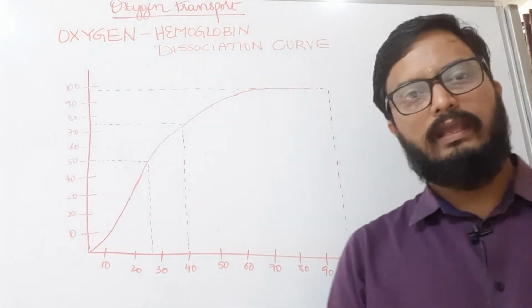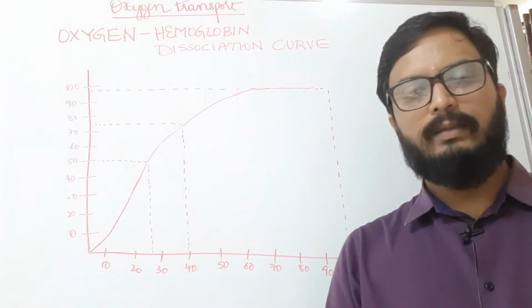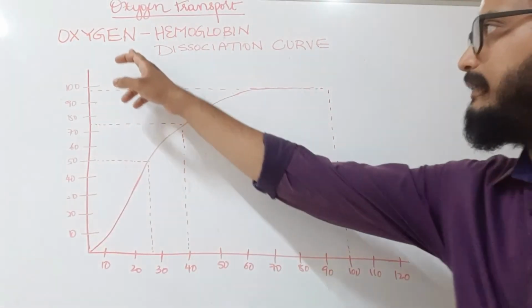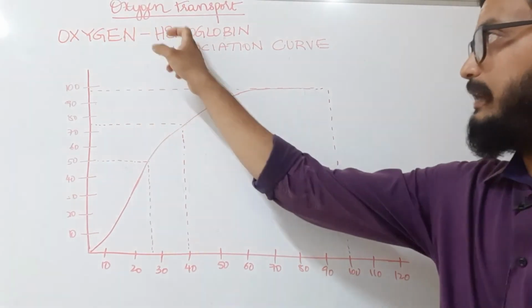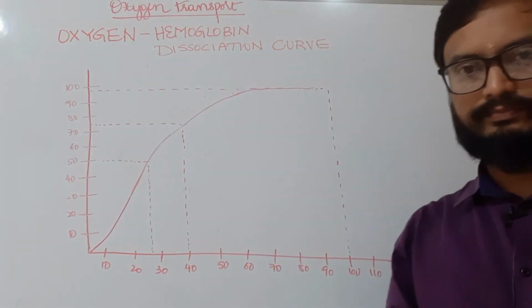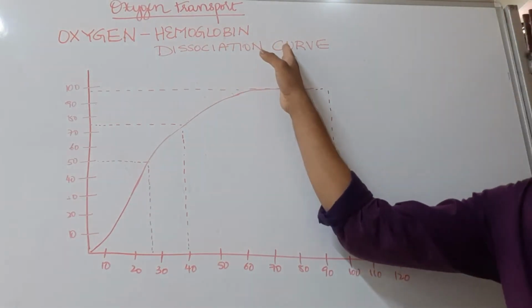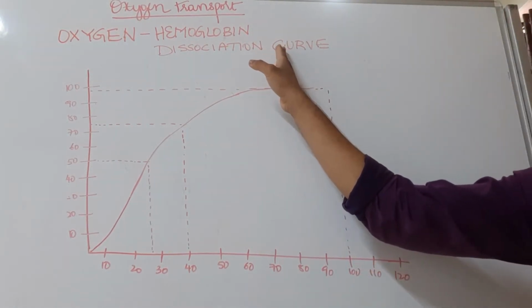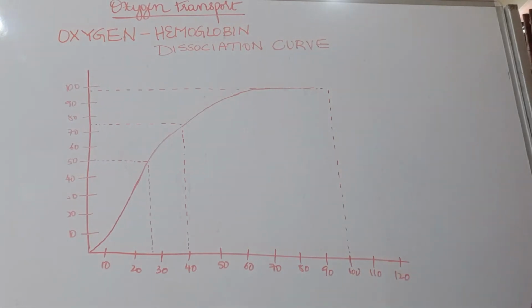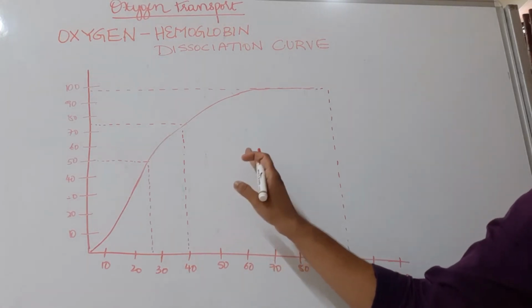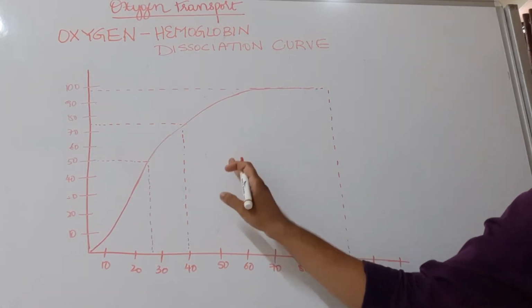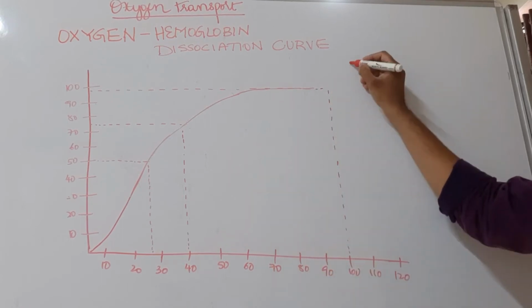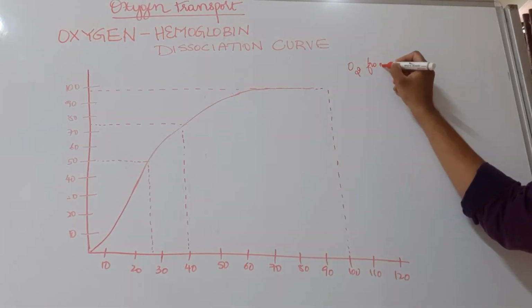While discussing oxygen transport, the most important concept that has to be highlighted is the oxygen hemoglobin dissociation curve. This is the curve obtained by plotting the percentage saturation of hemoglobin against the partial pressure of oxygen. This curve explains the loading and unloading of oxygen from the hemoglobin molecule.